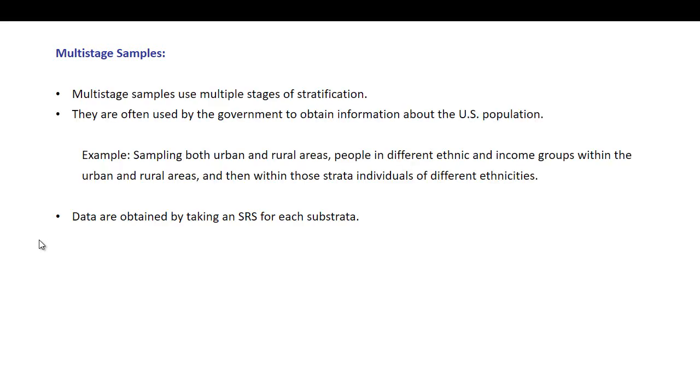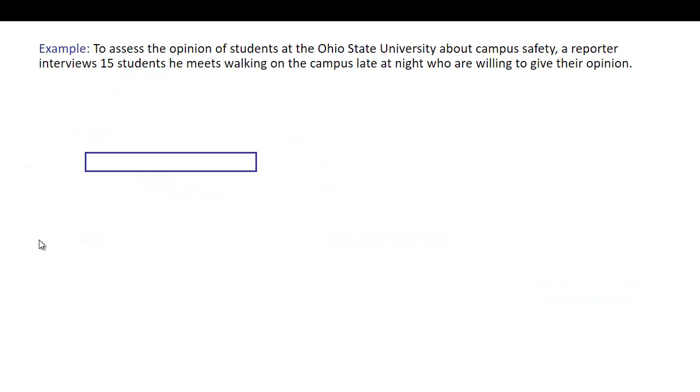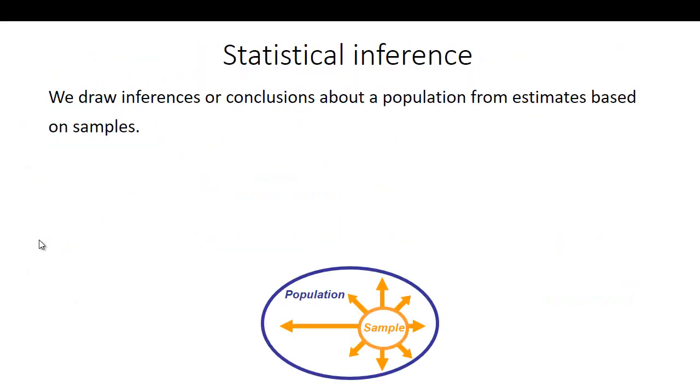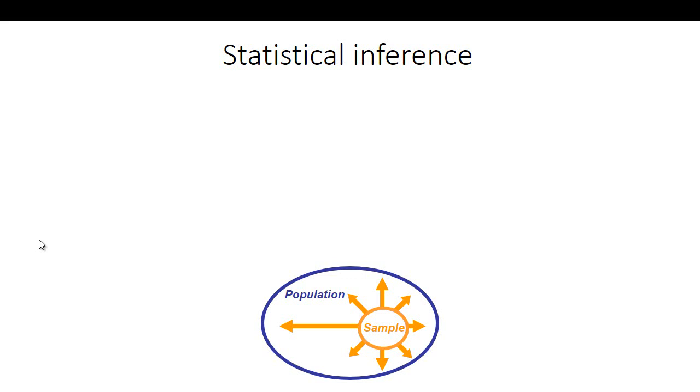And then multi-stage samples are where we have groups within groups, and we pick simple random samples from groups within groups. So we're done with talking about sampling design.